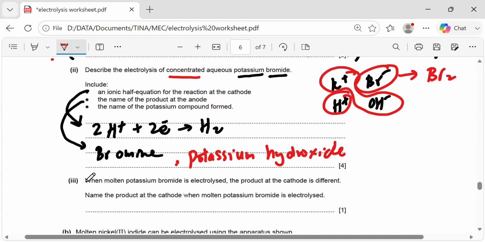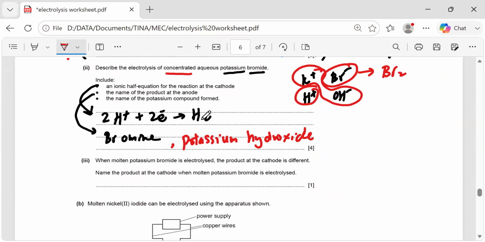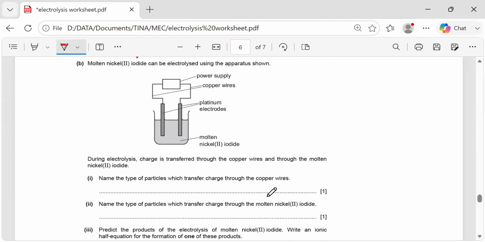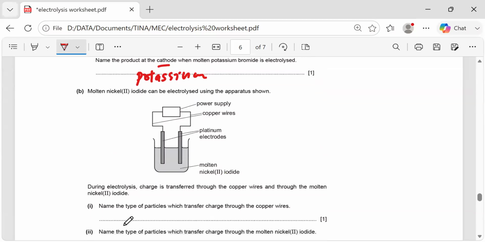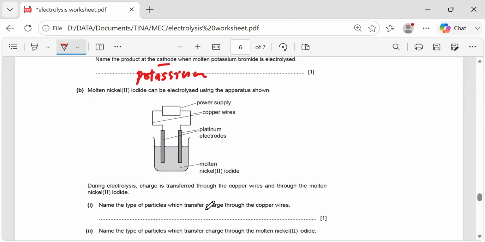Okay? When molten potassium bromide is electrolyzed, name the product at the cathode. Potassium lah. Good. Okay, so during electrolysis of molten nickel 2 iodide, name the type of particle which is in the copper wire. Remember, copper wire is a metal, so electron.